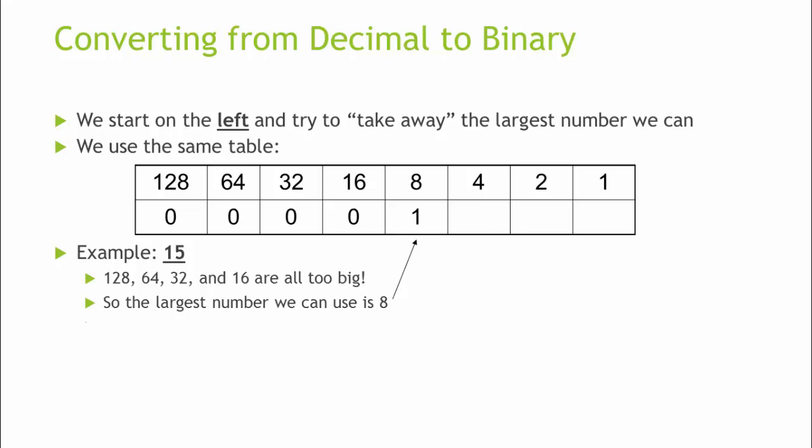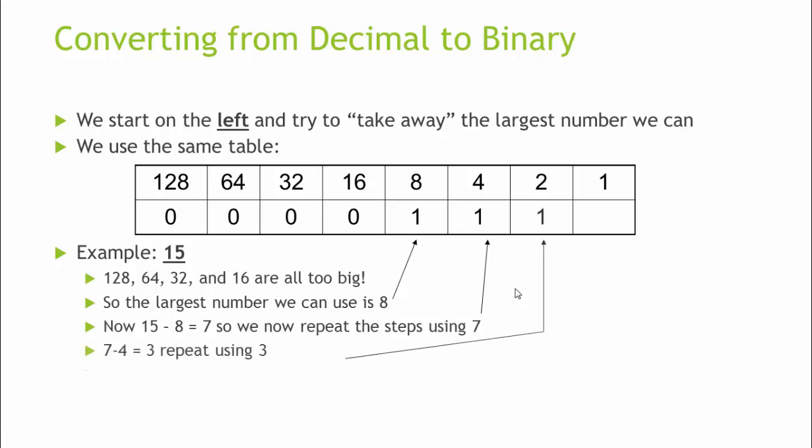Now once we do this, this is when the subtraction comes in. So we have to figure out how much of the number we haven't taken into account with that single 1 in the 8's column. So we subtract the 8 that we've got covered from 15, and then we say, okay, there's 7 left. All right, well 7's bigger than 4, so we're going to put a 1 in the 4's column. We're going to subtract again. 7 minus 4 equals 3.